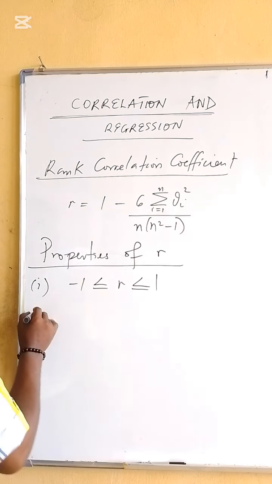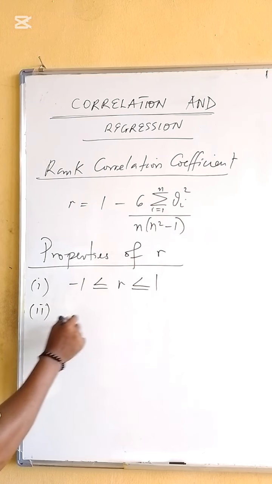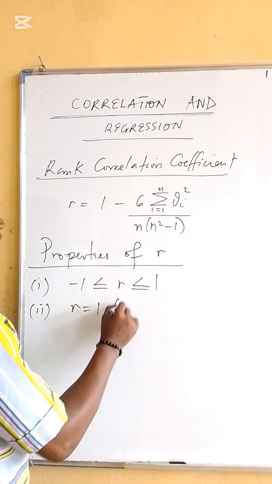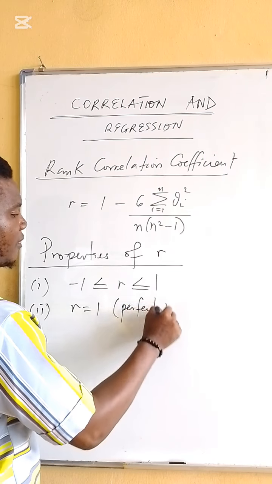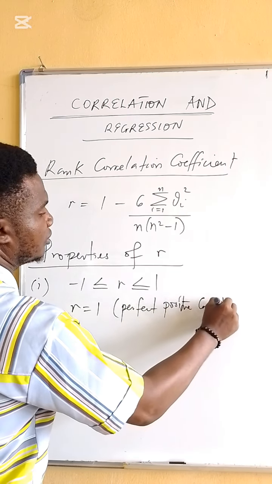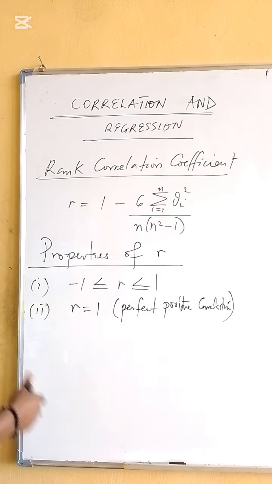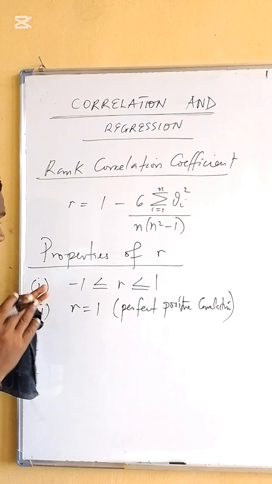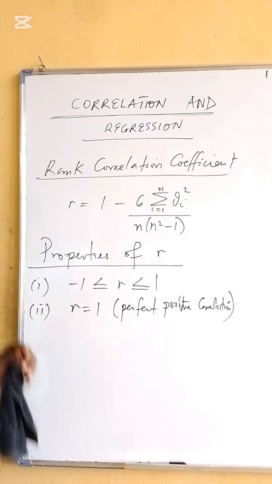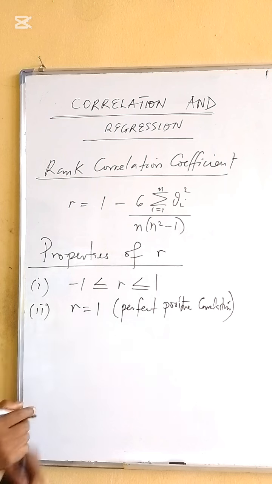Okay? Now, 2, when R equals 1, we say you have a perfect positive correlation. So if the relationship between x and y for a bivariate data is 1 as told by the correlation coefficient, then it means that that relationship is perfect and positive.